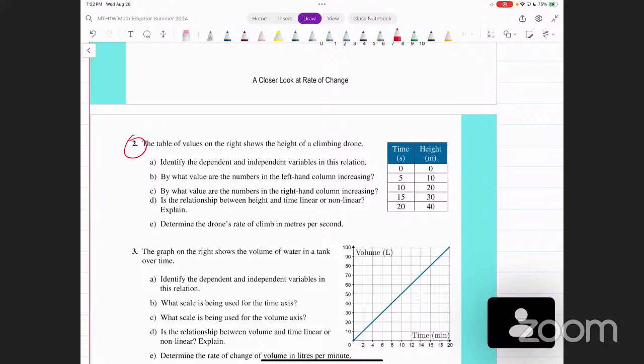All right, so this question. This is correct, but the unit is meter.